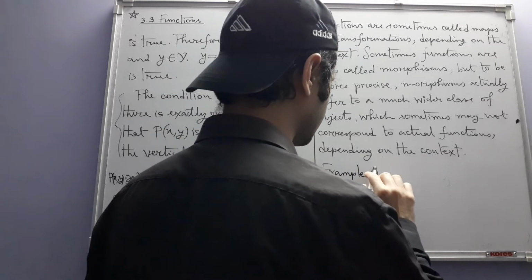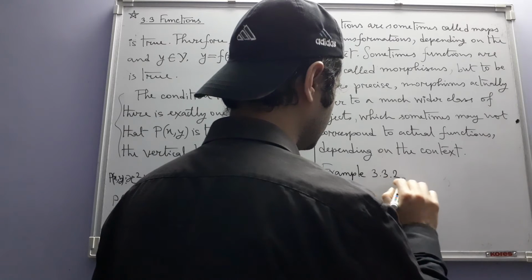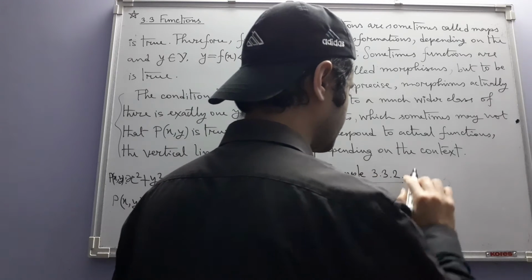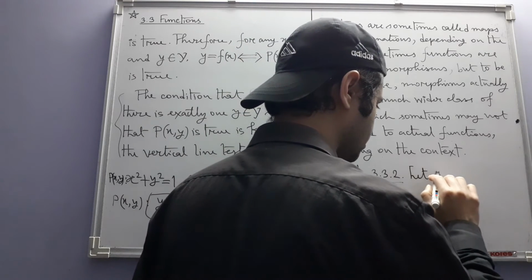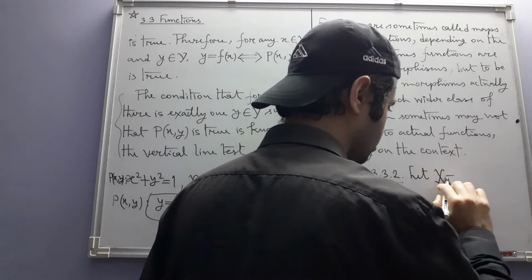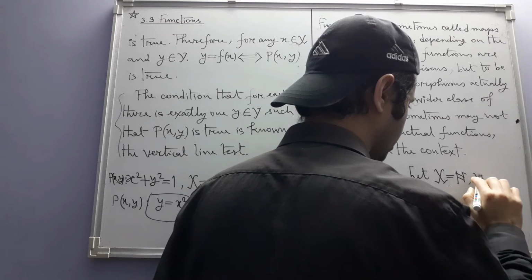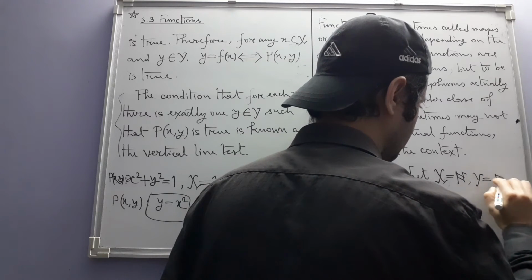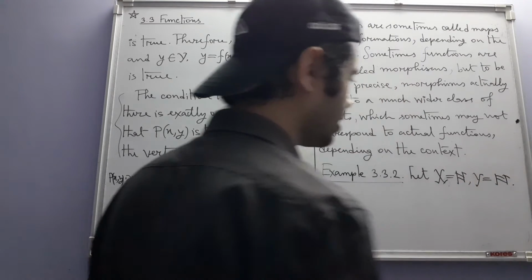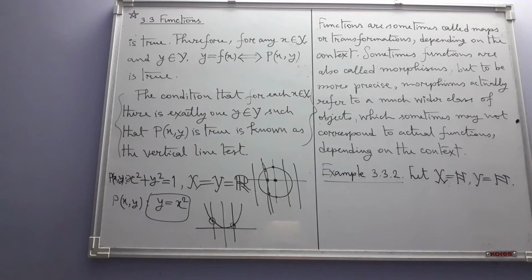of this section, example 332. Let X equal to N and Y is also equal to N, meaning our familiar set of natural numbers.